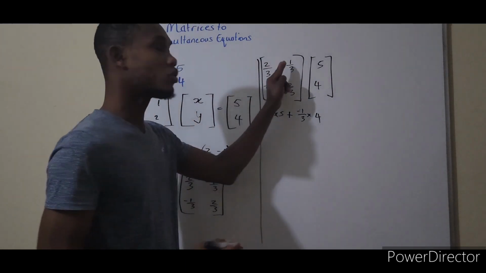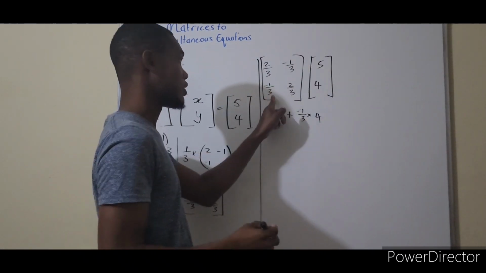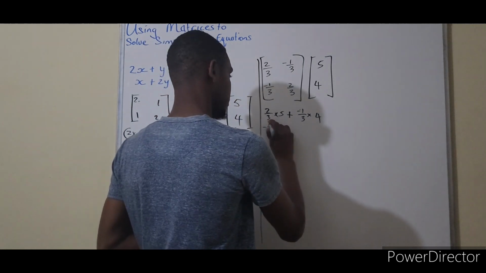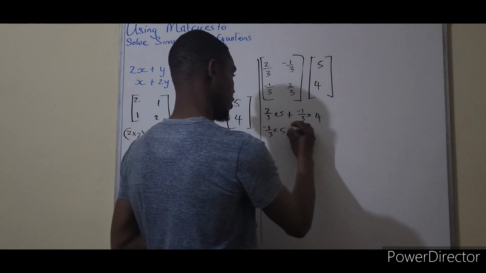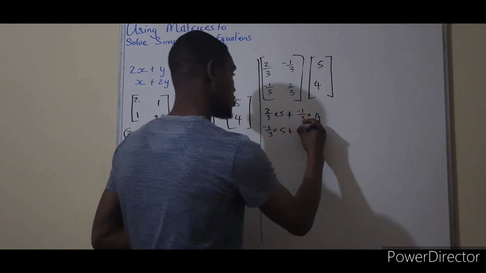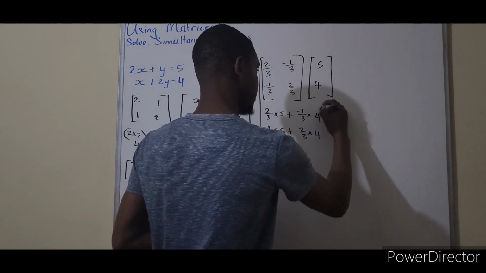And then because that row is finished with that column, you go to the next row: negative 1 over 3 times the first, which is 5, plus the second, which is 2/3, times the second, which is 4.